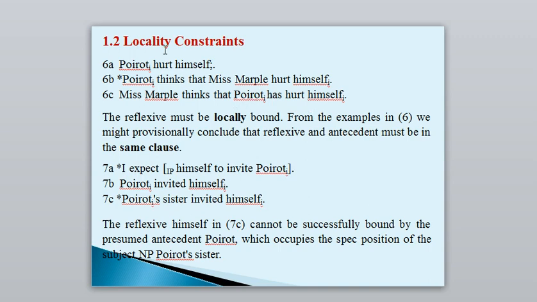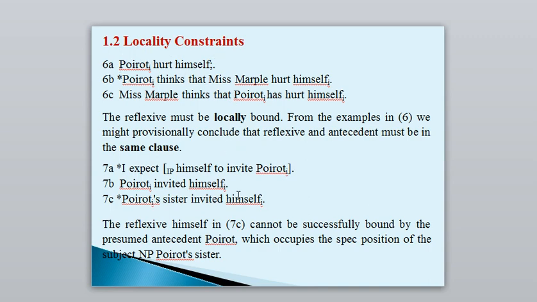So this is the locality constraint. So the reflexive must be locally bound, okay? From example number 6, we might provisionally conclude that reflexive and antecedent must be in the same clause. You see here, the reflexive and the antecedent should be in the same clause, okay?